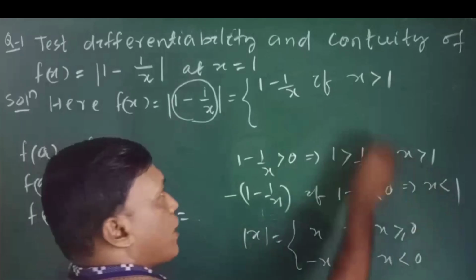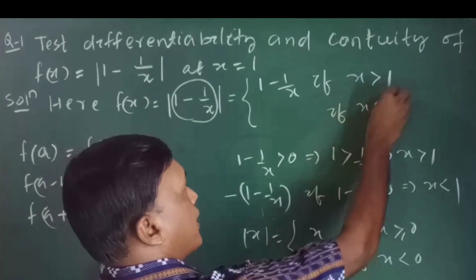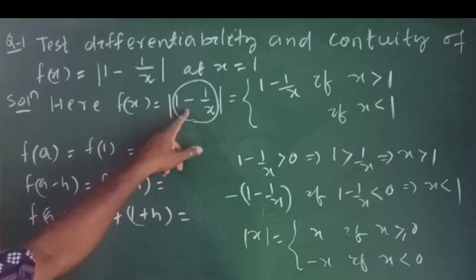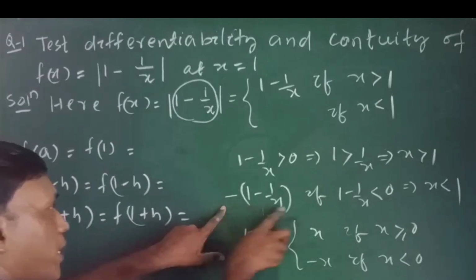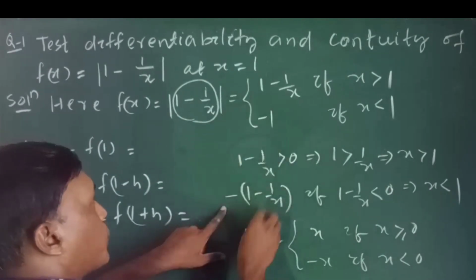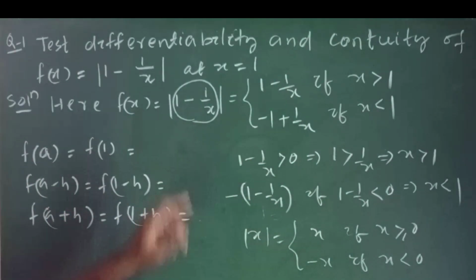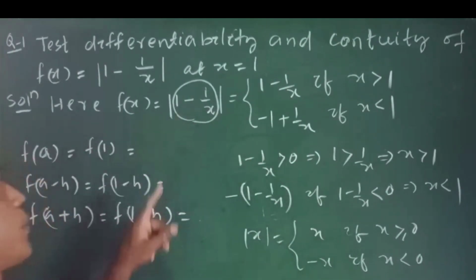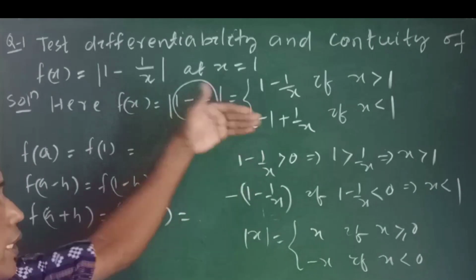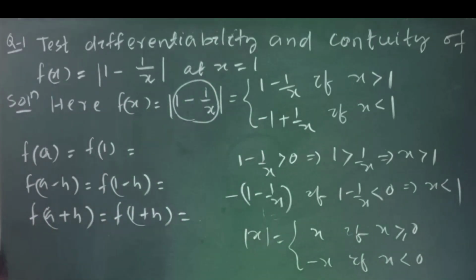If x less than 1, the value of this is negative of this, minus 1 plus 1 by x. So इसको याद रखो, जहाँ भी दिखोगे मॉडुलस वाला फंक्शन रहेगा, ऐसे इसको ओपन करने के बाद तुम सॉल्व करोगे.